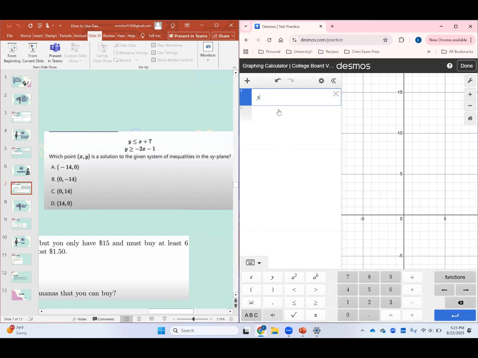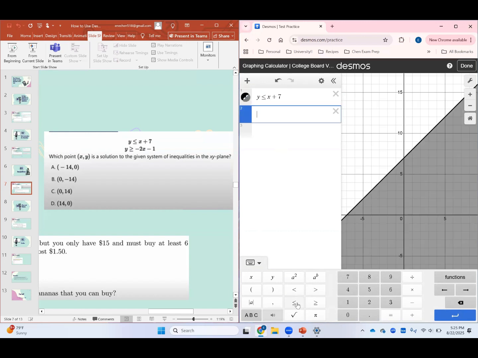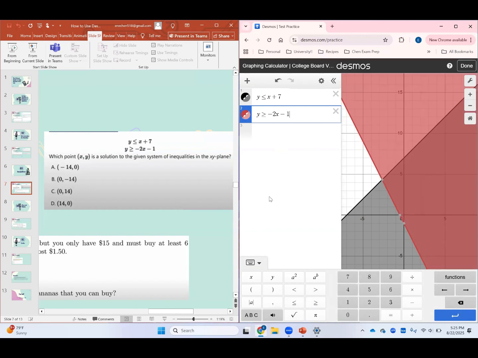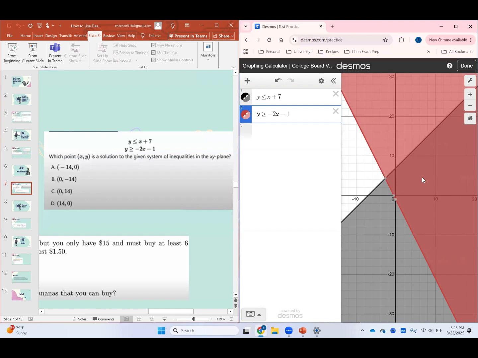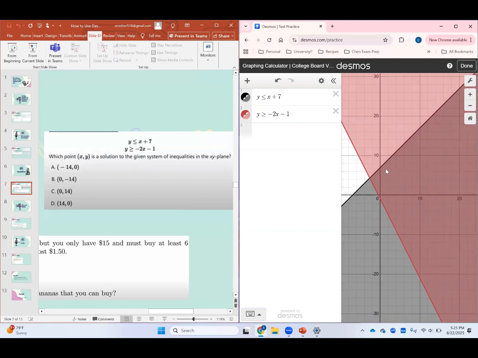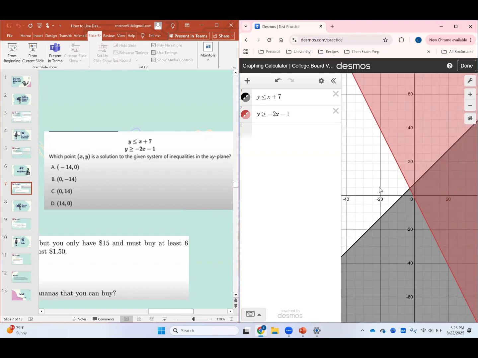I'm going to enter y less than or equal to x + 7, and then y is greater than or equal to -2x - 1. Okay, and now they're asking which point (x, y) is a solution to the given system of inequalities.